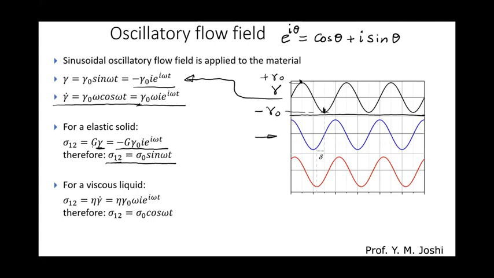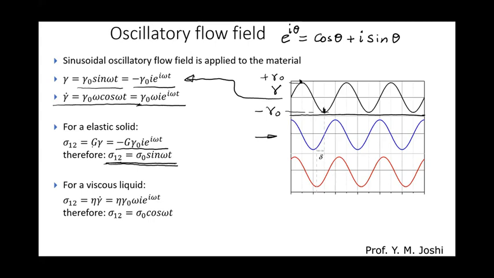All right. Why? Because stress is proportional to strain and strain is gamma 0 sine omega t. All right. So therefore, stress also has to be sigma 0 sine omega t. Magnitude will be different, obviously, because units are also different. All right. So you have strain in one case, stress in the other, but if strain is gamma 0 sine omega t, then stress will also be sigma 0 sine omega t.